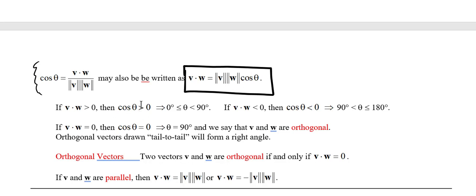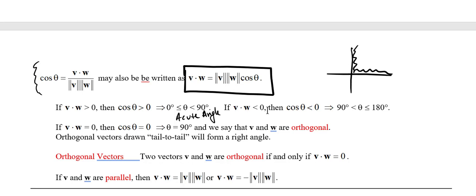And we remember that cosine is positive in the first quadrant, 0 to 90 degrees. So that would mean the vectors have an acute angle between their tails.